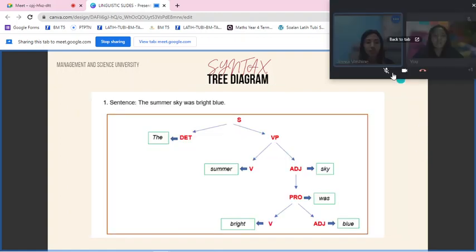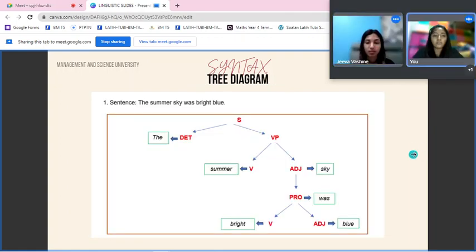Okay, next I'll be explaining the tree diagram under syntax. A tree diagram uses symbols that are used in syntactic description. So we are explaining a sentence in syntactic description, which is called a tree diagram.